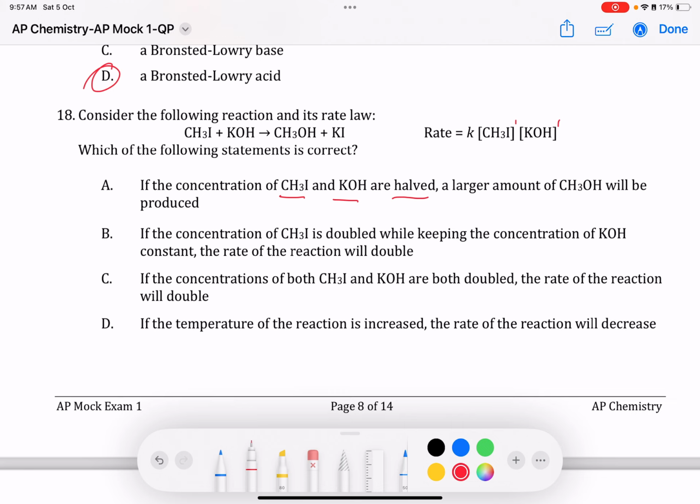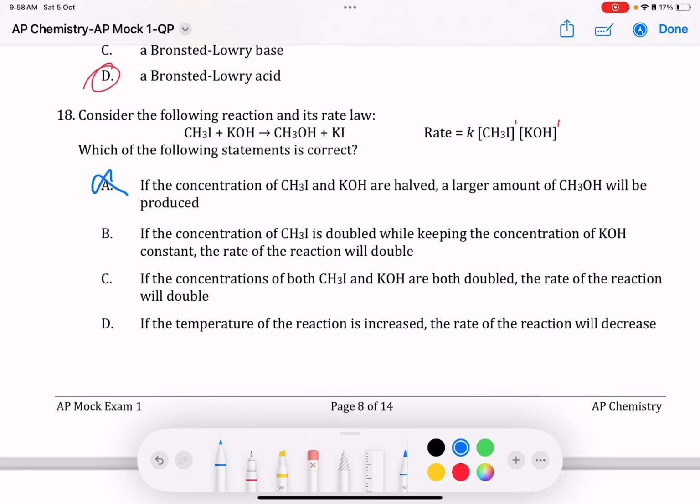So if both of them were halved, the rate will be decreased by 4. A larger amount of CH3OH, no. The rate will not affect the amount. The rate will show you whether we're going to obtain CH3OH faster or slower.